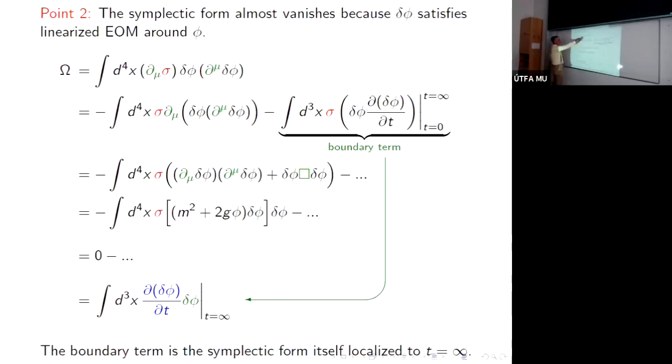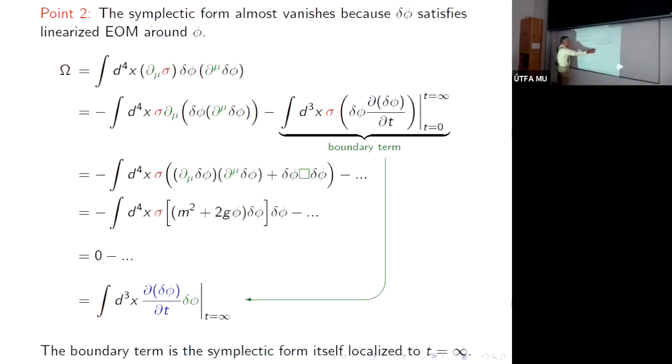In doing that, in principle, we generate a boundary term. Let's ignore that for a moment and focus on what happens when the derivative acts inside here. We find one term where partial mu acts on both delta phi's, and another term where we get a box. This term is 0 because the square of the box object is 0.